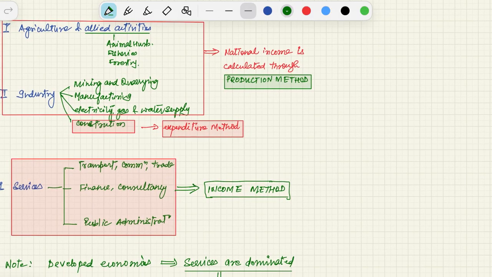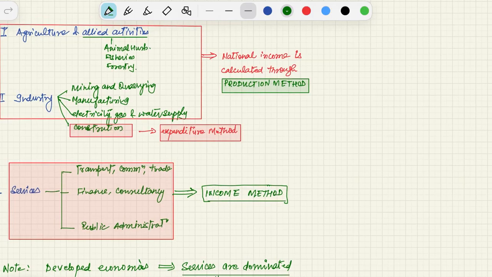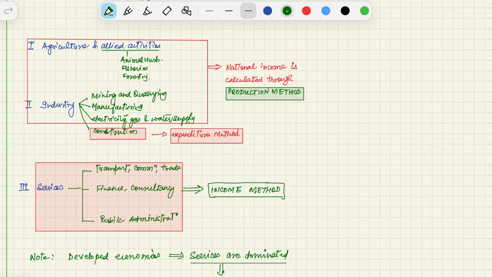I will make it a little bit complicated over here. We also divide these sectors into other sectors.